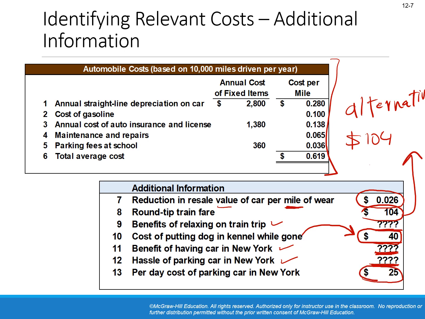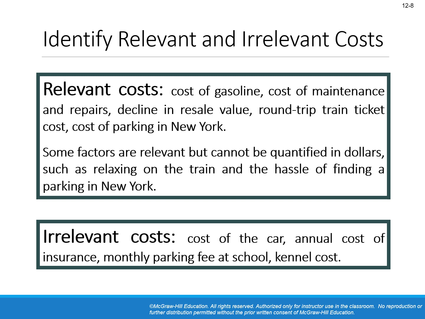So to recap, the relevant costs that should be taken into account when deciding on whether to go by train or use your car are the cost of the gasoline, of course, the cost of maintenance and repairs, the reduction in the resale value of the car per each mile of wear, so the decline in the resale value, the round trip train ticket, which is the alternative, and the cost of parking in New York.